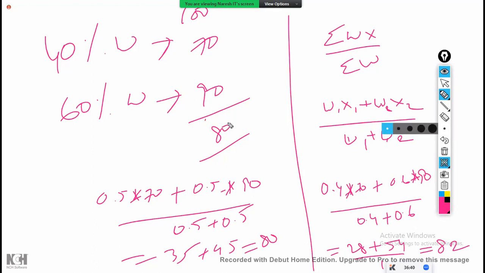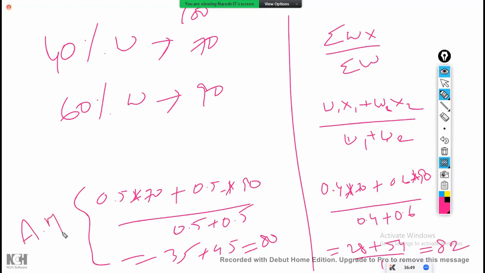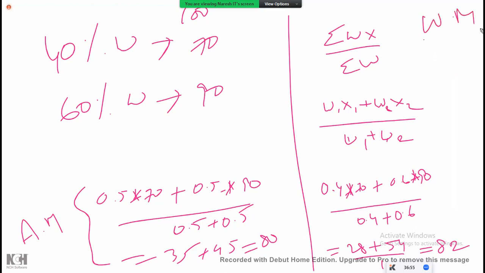What I calculated here is called the weighted mean, and this other one is called the arithmetic mean.